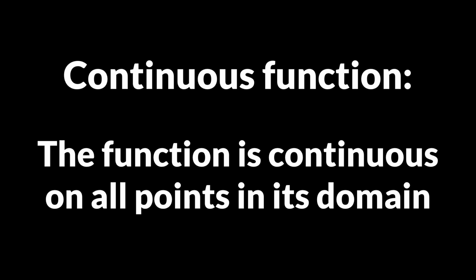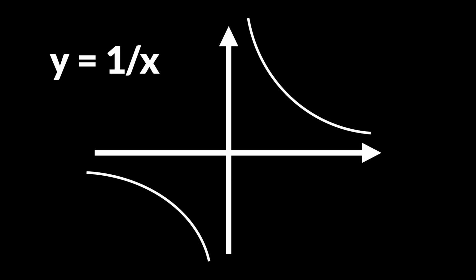And then we have a continuous function. A continuous function is just a function that is continuous on all points in its domain. So that means that if we had a function like y equals 1 over x and we graphed it, every single point in its domain would just be every single number except for 0.